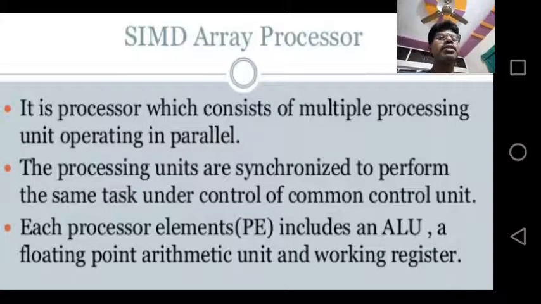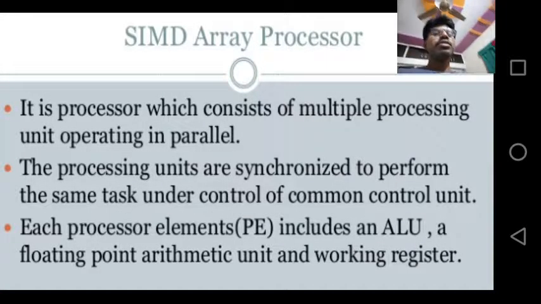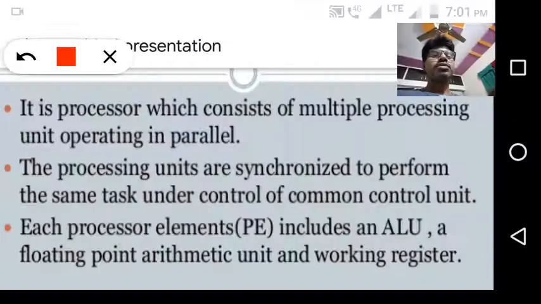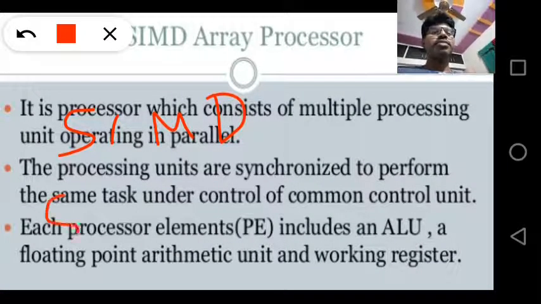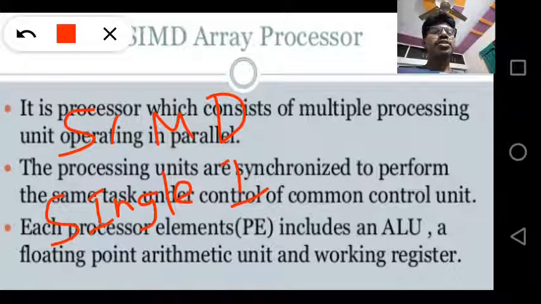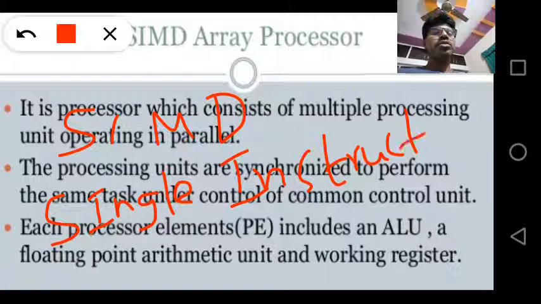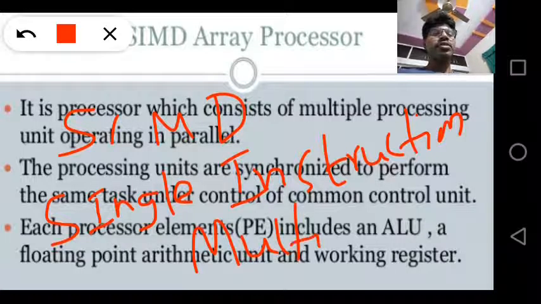Now we see another type of array processor, that is the SIMD array processor. SIMD stands for single instruction on multiple data.